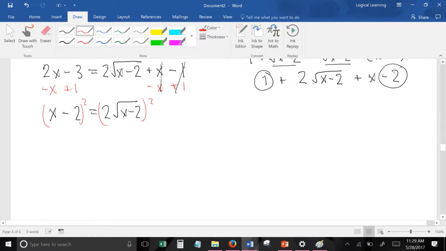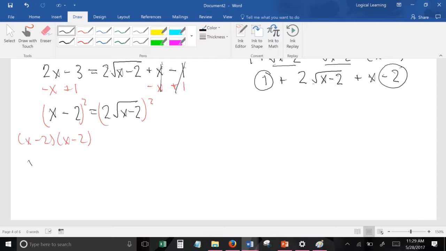So on this left side, we're just going to FOIL it out, and that's going to give us x squared minus 2x minus 2x is minus 4x, and negative 2 times negative 2 is going to give us plus 4. And on this side, you can think of this as 2 squared, so 2 squared is 4, and then we have the square root of x minus 2 squared.